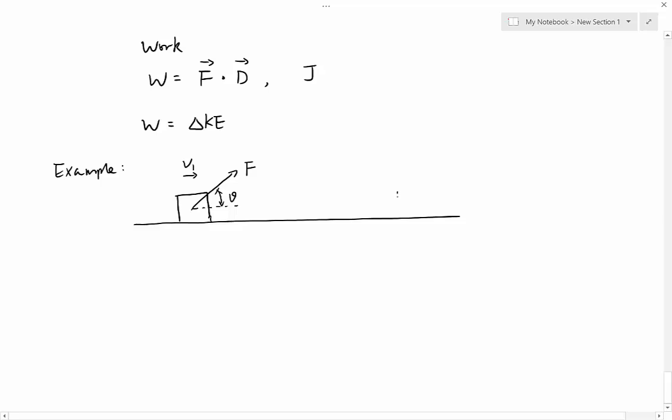After you push this object over a distance, let's call it d, the displacement, at the end velocity will become v2, and v2 will be greater than v1. And this surface, like we said, is smooth, so there's no friction. What we want to find out is the final velocity v2.